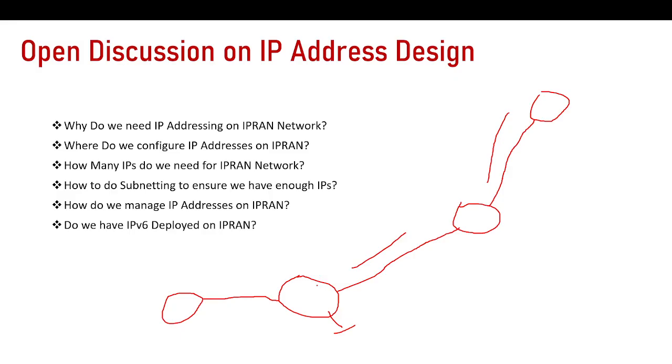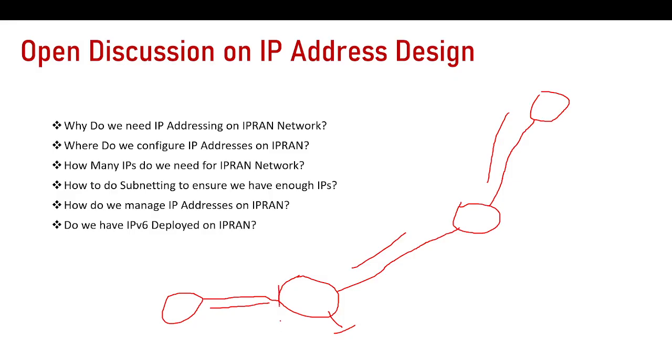So we need to give it maybe a loopback 0 IP or a system IP, depending on the vendor, so that we can manage this device remotely. Even for the BTS side, we also need to configure an IP address between the BTS and the ATN. How many IPs depends on the different types of services that you are configuring from the BTS to the CSG.